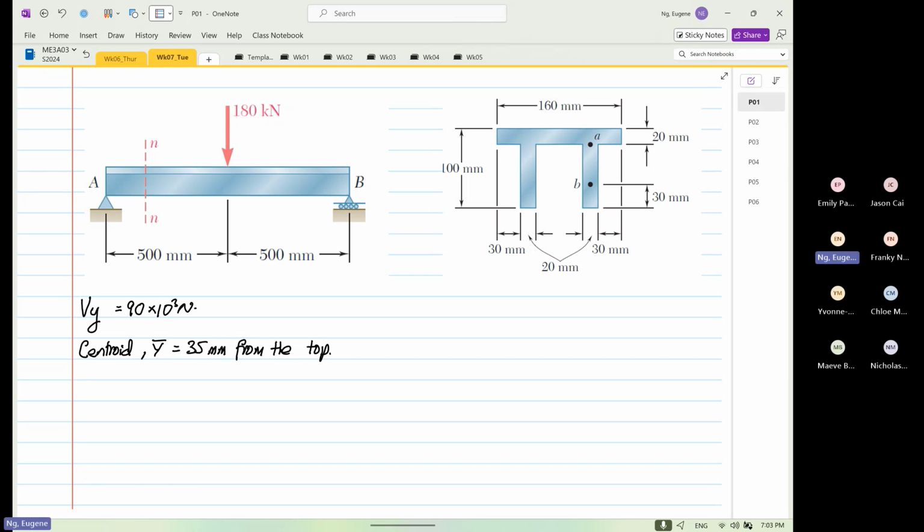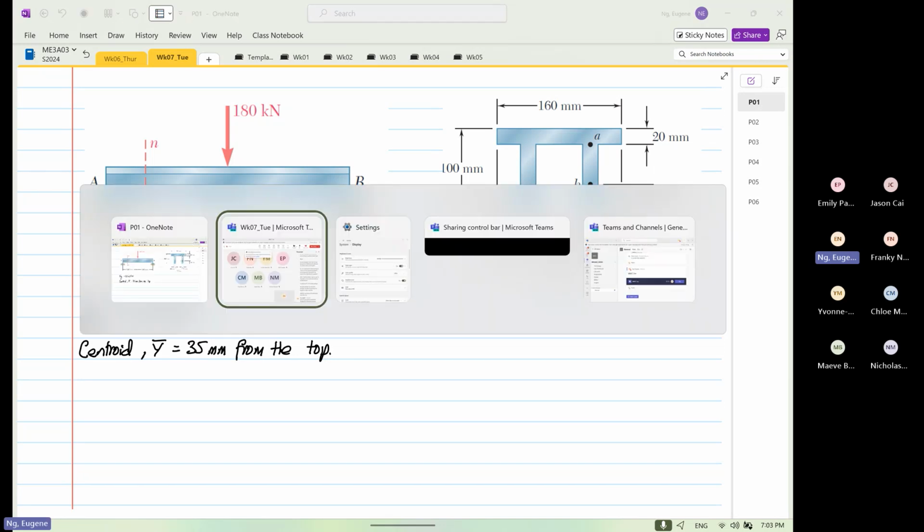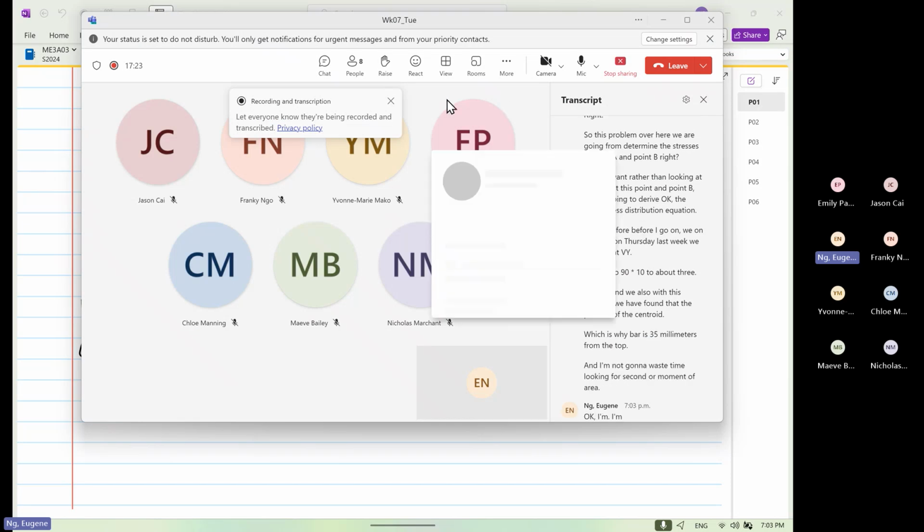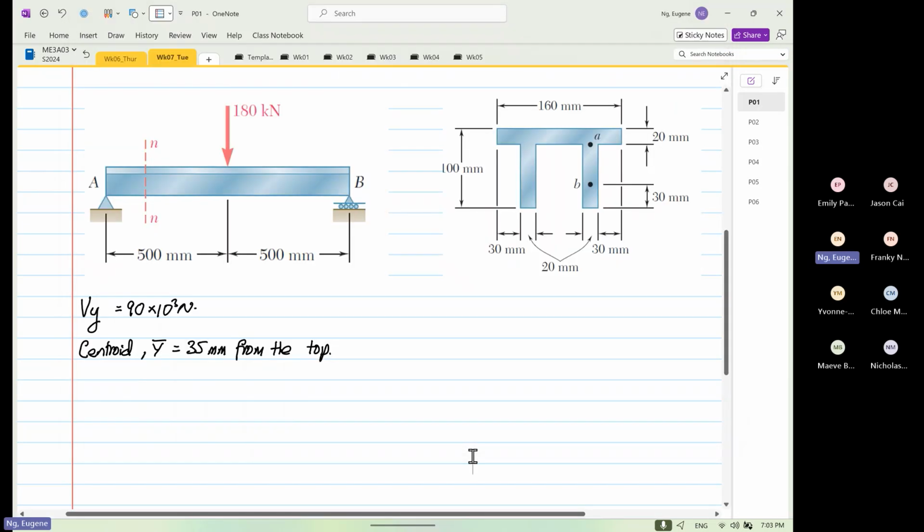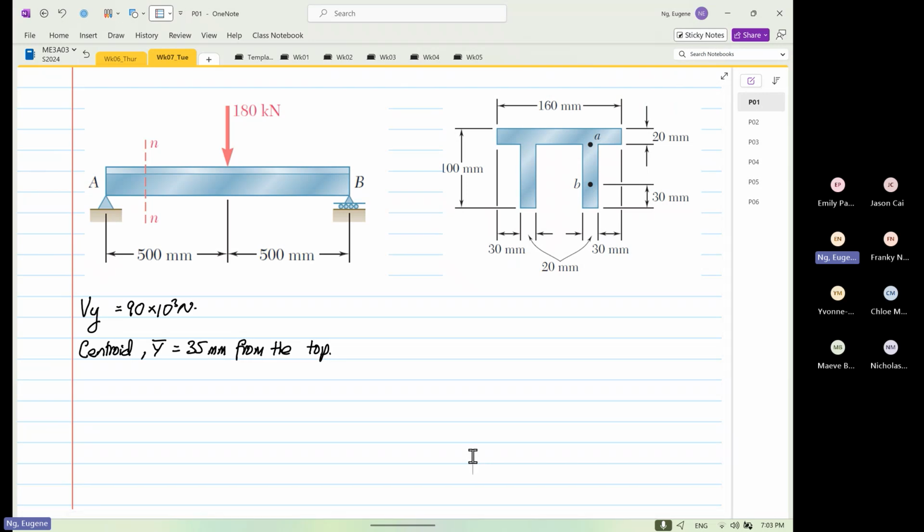I'm not going to waste time looking for the second moment of area. I'm just going to write down the value, because you all know how to get the second moment of area easily.